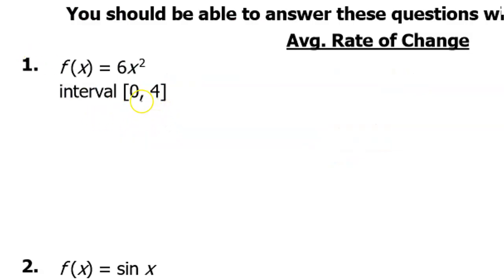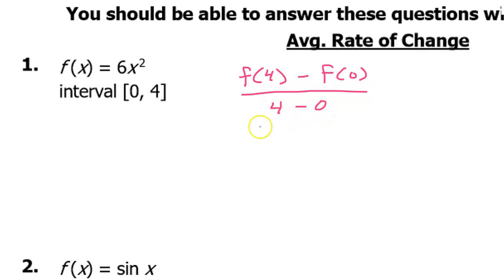Problem number 1. On the interval from 0 to 4, the average rate of change is going to be the old school slope, f at 4 minus f at 0 over 4 minus 0. Again, this is just y minus y over x minus x. So we need to calculate f at 4.